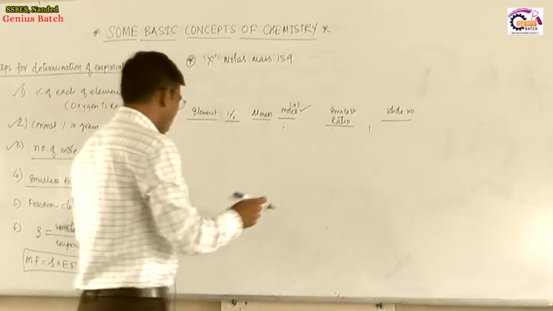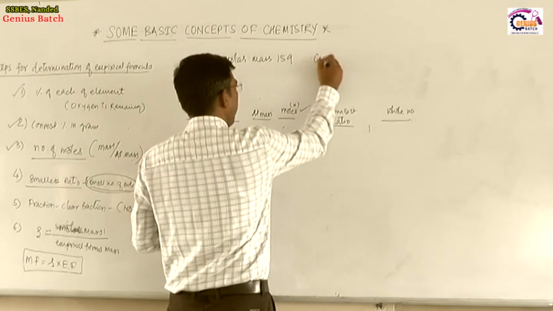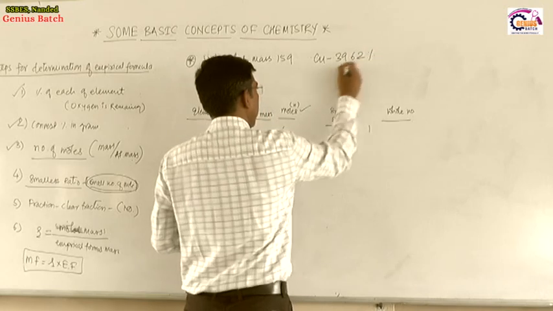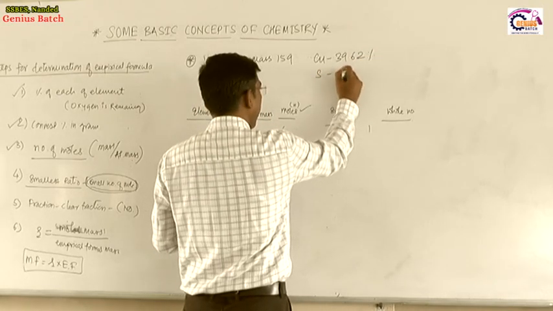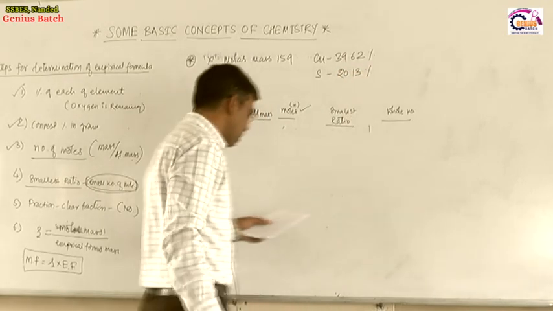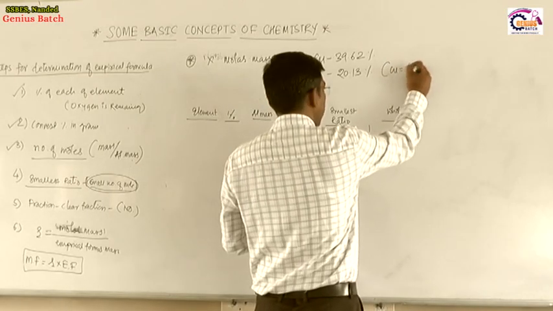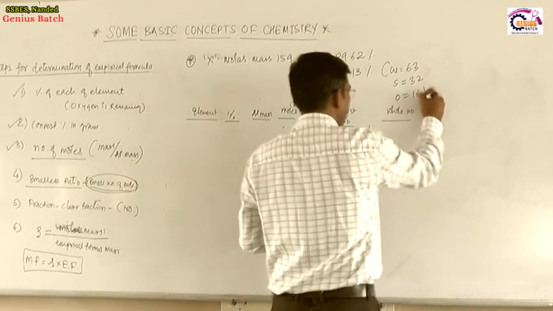After analysis it was found that it contained copper as 39.62%, sulfur as 20.13%. What is the empirical formula? Atomic weight of copper 63, sulfur 32, oxygen 16.